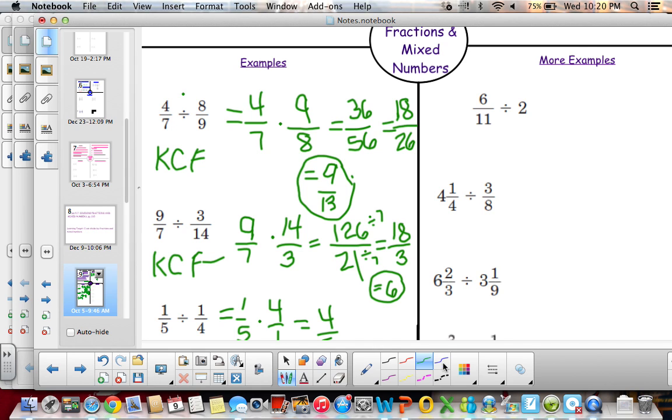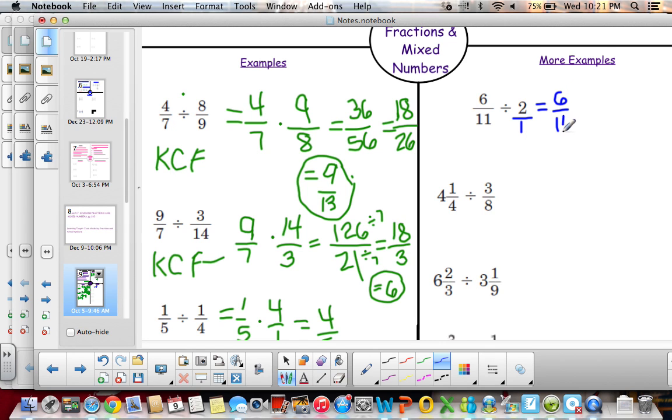All right, if we have 6/11 divided by 2, so we don't have any mixed numbers, but we do have a whole number. And if you remember, the way to make a whole number a fraction is to put a 1 underneath it, because 2 over 1 is the same as 2. So I am going to rewrite this now as a multiplication problem.